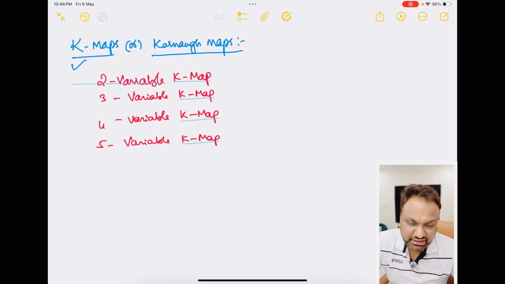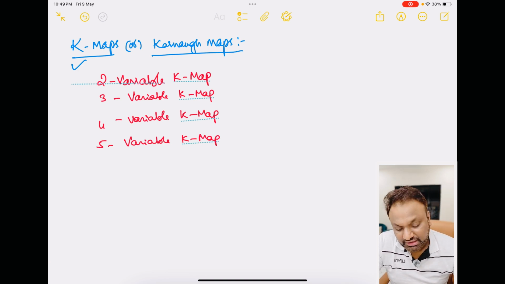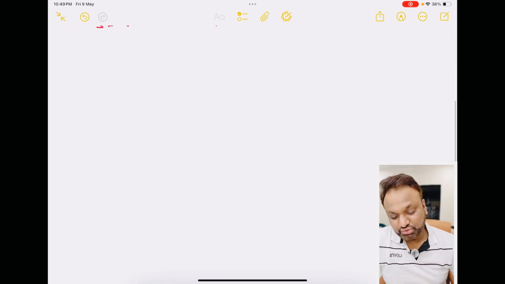If the number of inputs increases beyond that, then we use other methods, like the tabular method, to minimize the Boolean function. So we'll start our discussion with the 2 variable KMap.